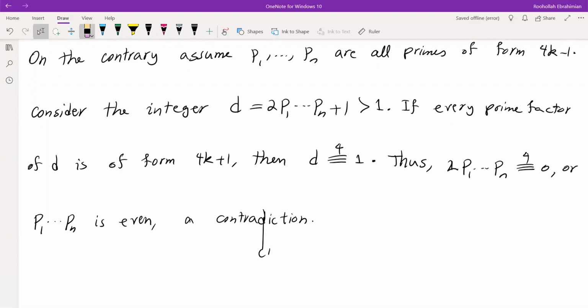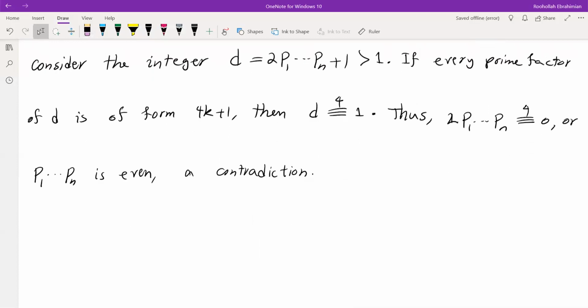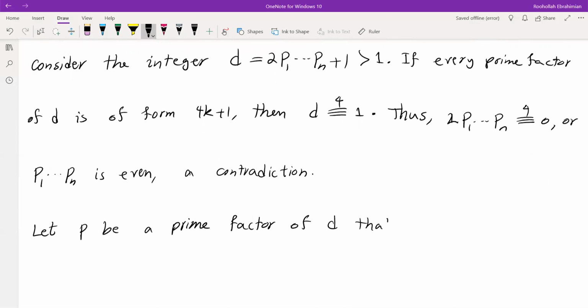Okay, so now we just showed that there is some prime factor of 2P1 through Pn plus 1 that is not 4k plus 1. So let P be a prime factor of D that is not of form 4k plus 1.